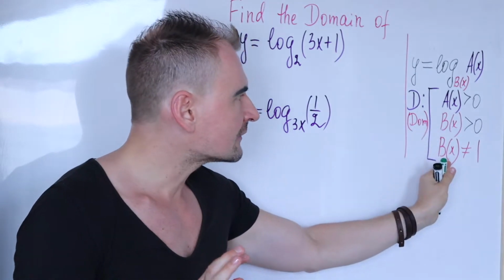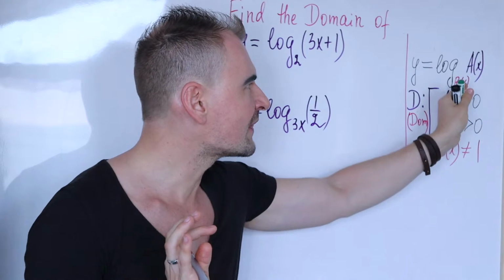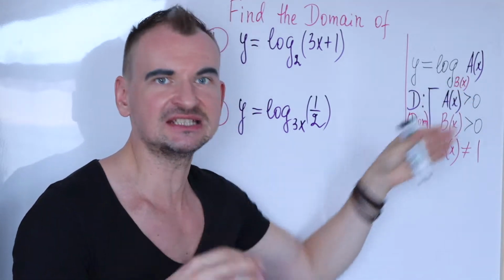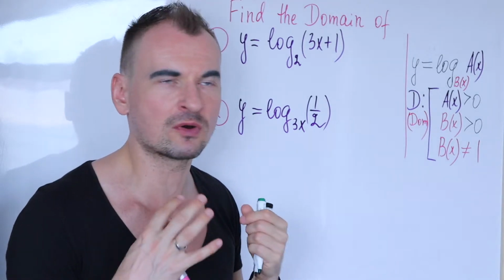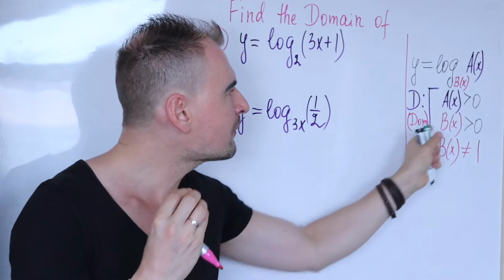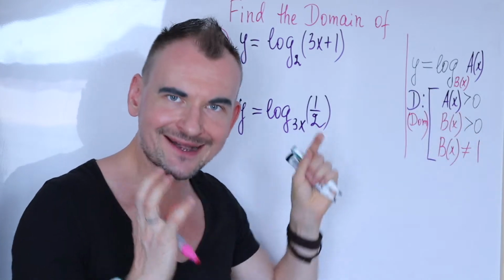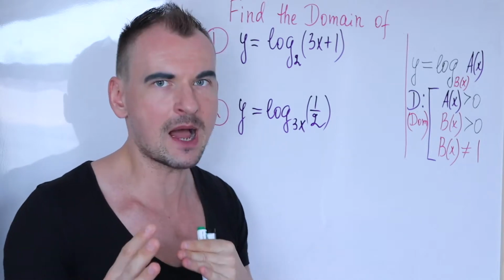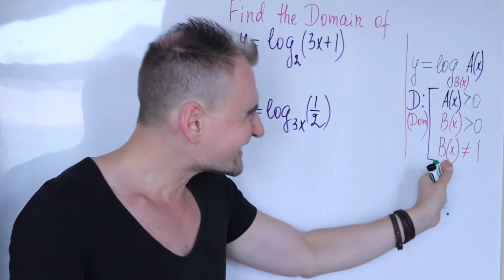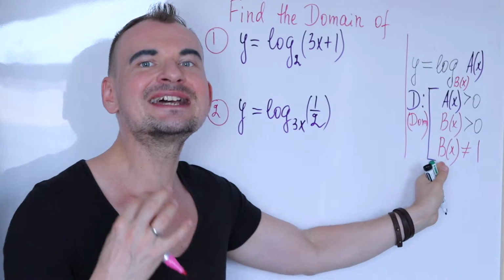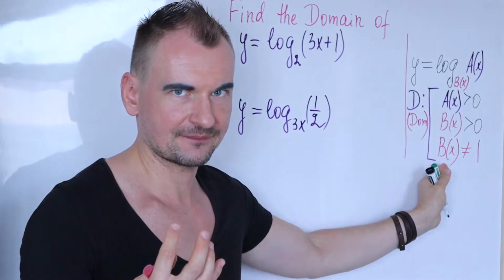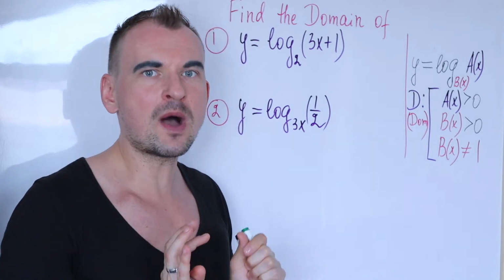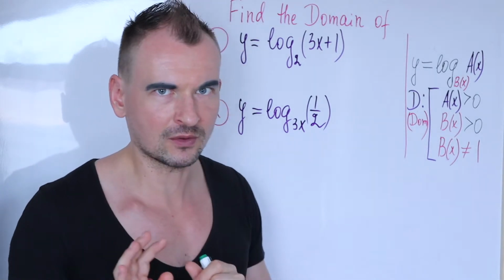The second one comes from the base, from that b of x that happens to be the base of your log function. First of all, your base is always greater than 0. It's a positive expression, or number. And the second restriction is that your base cannot be equal to 1. So keep these things in mind while you find the domain of a log.